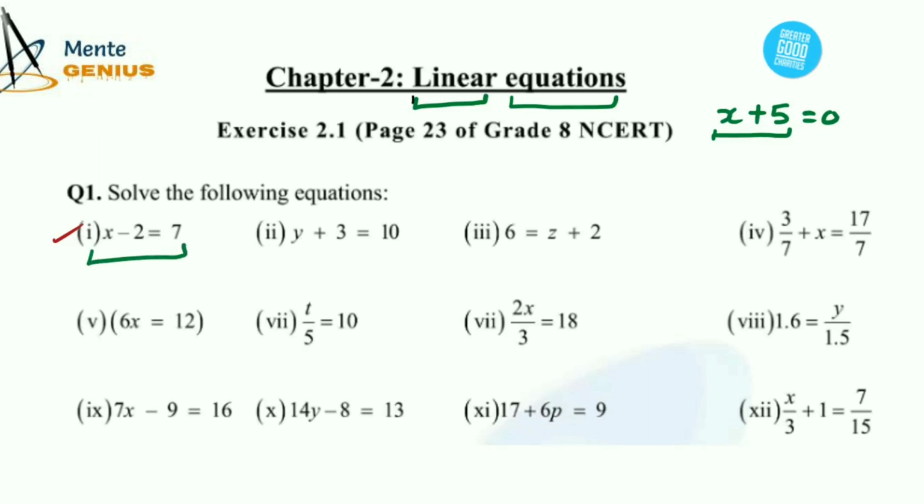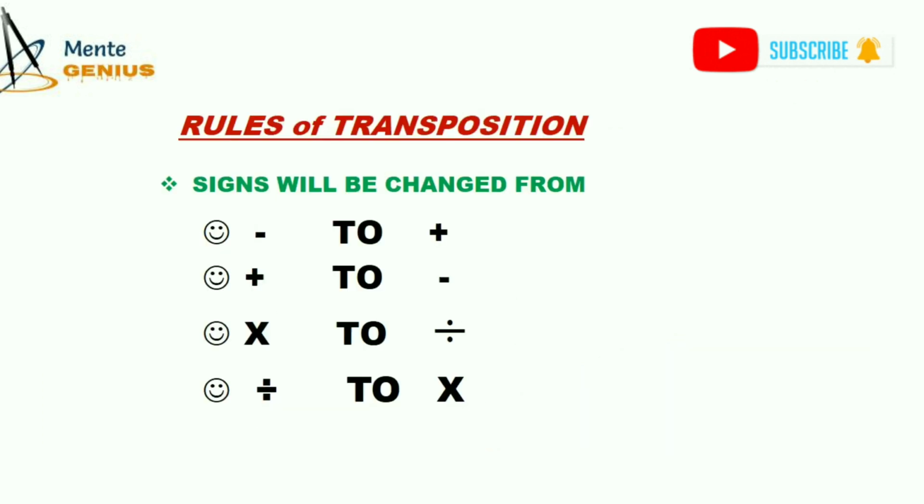Before solving these questions, we need to learn what is transposition and how we will solve them. When we transpose, we need to know some rules. Transposition means changing the side, moving the term to the other side.